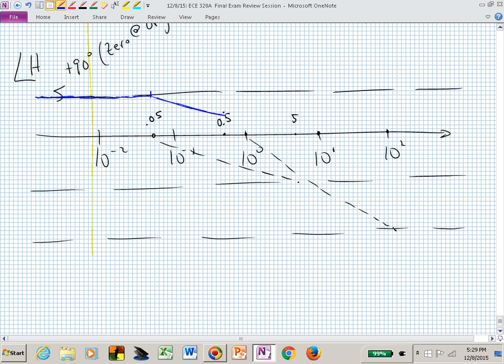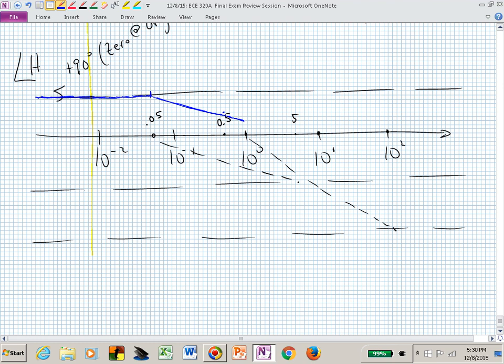There's 45, and I hit that dot just right. I keep that same slope until I reach that point. And then what's my slope? It's minus 45 and minus 90, so now I'm sloping at minus 135 degrees per decade. Which means it's a mess.